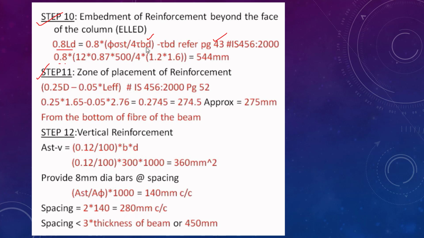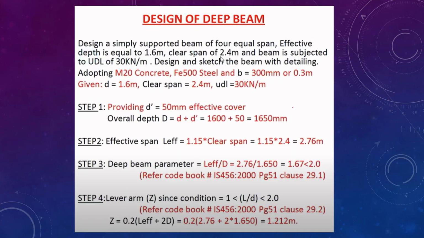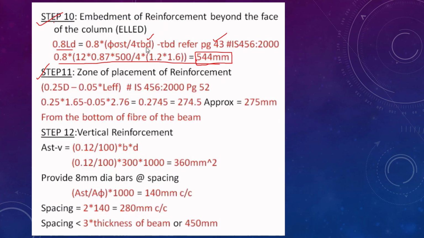By substituting the values, we will get a minimum of 544 mm as the development length. So this length beyond the support face should be 544 mm. That is step number 10.